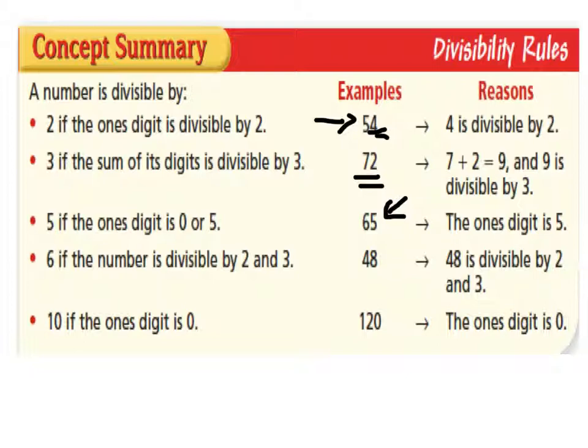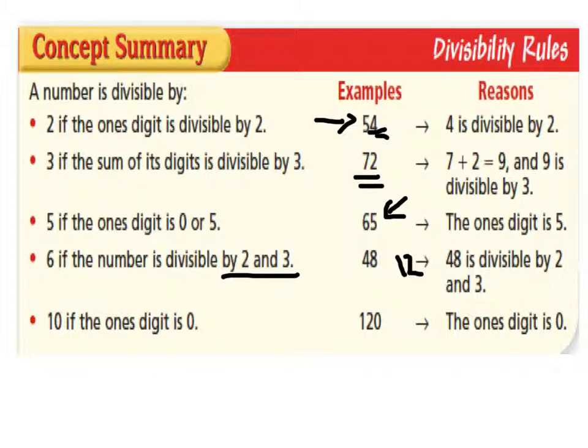Now, in order to know if a number is divisible by 6, you have to know the rules for 2 and 3. We do know that 48 is divisible by 2 because 8 is divisible by 2. And 4 plus 8 is 12, and 12 is divisible by 3. Therefore, it's divisible by 6. And the last one, just like 5, 10 has one where you just observe.